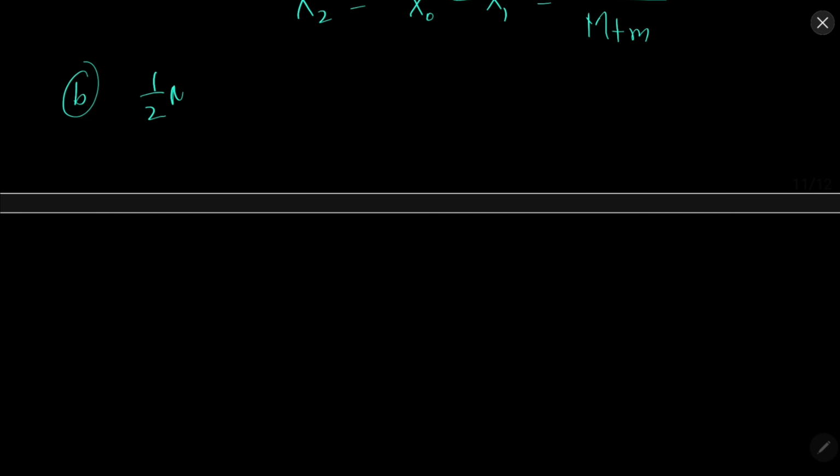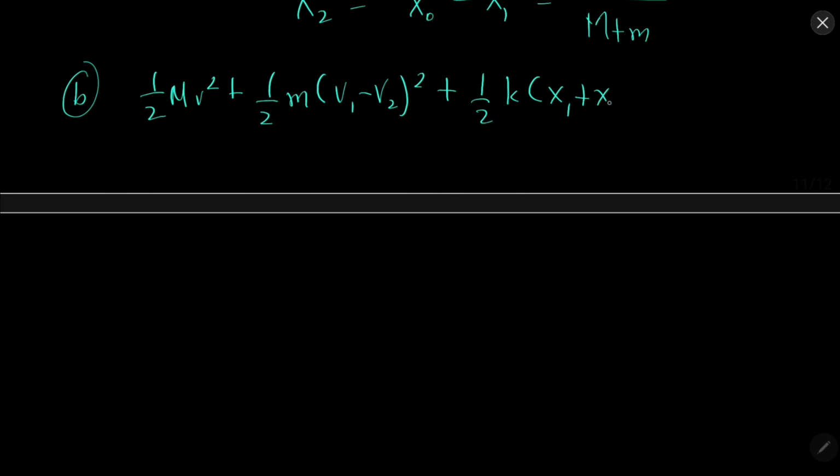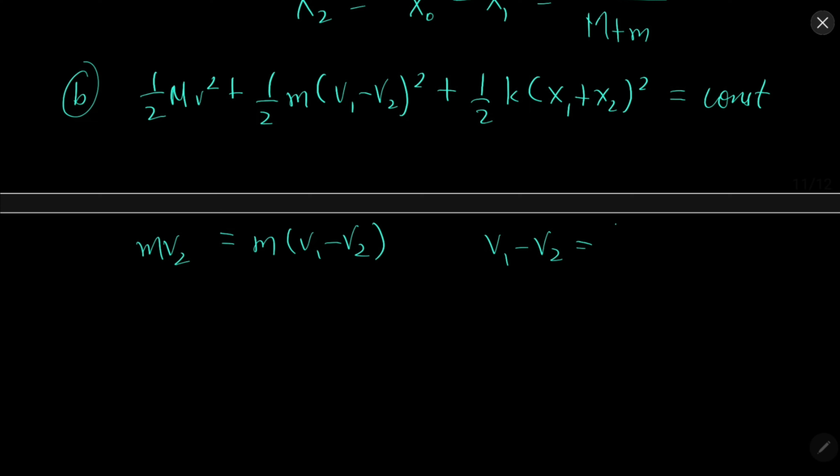For B part, we will use conservation of energy, so half mv square plus half m (v1 minus v2) whole square plus half k (x1 plus x2) whole square equal to a constant. Now also mv2 equal to m(v1 minus v2), v1 minus v2 equal to m over m v2.